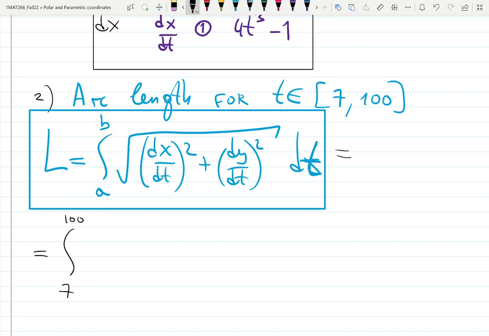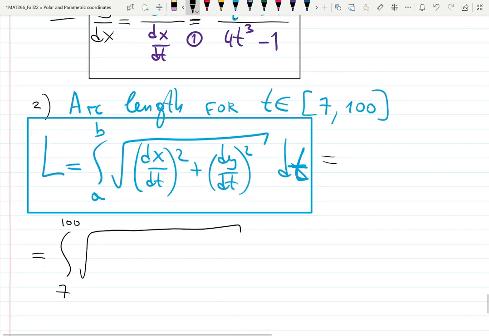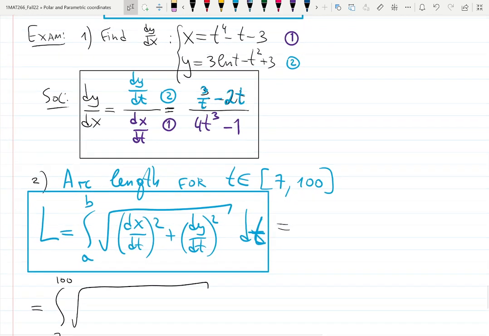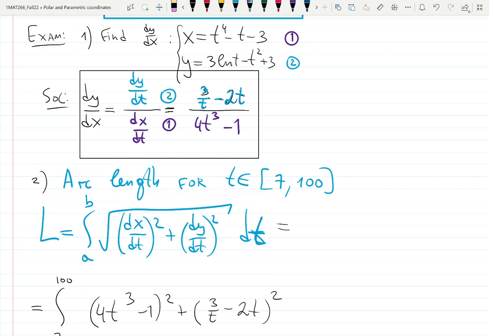Just derivative squared. So the derivative of t to the 4 minus t minus 3, we just did it. It's going to be 4t cubed minus 1, and we're squaring it, plus the other derivative, which is 3 over t minus 2t, and we're squaring it. dt. This is full credit.